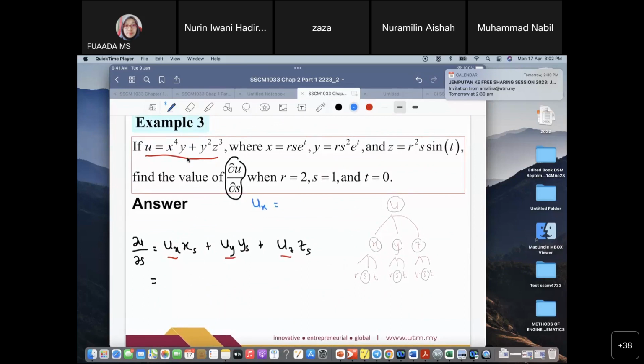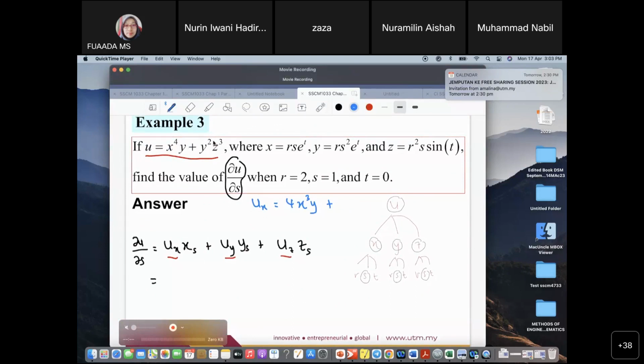U_X. So Y constant and Z also constant. Okay, differentiate the first term terhadap X. So we have 4x cube Y. And the second term, ada X tak? Tak ada kan? So Y squared Z cube constant. Differentiate constant terhadap X. So constant 0 lah.